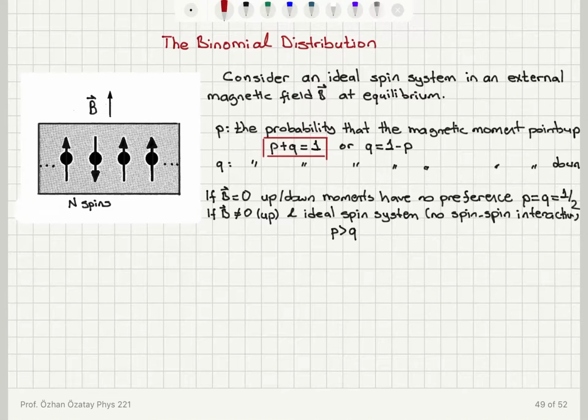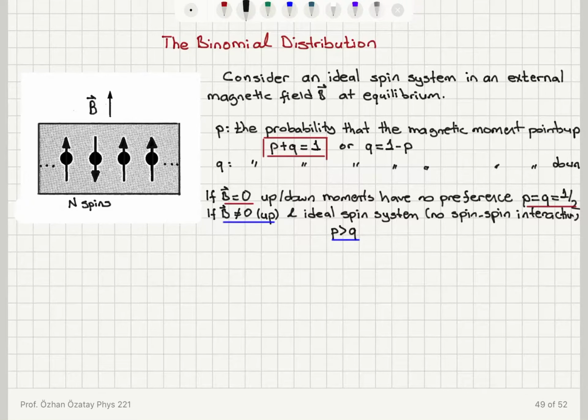And I will have two scenarios. External magnetic field is 0. This would give me P and Q equal to 1 over 2. If the external magnetic field is not 0 and it's pointing up, then P would be greater than Q. All right. And so these spin orientations are statistically independent because there is no interaction between the spins.